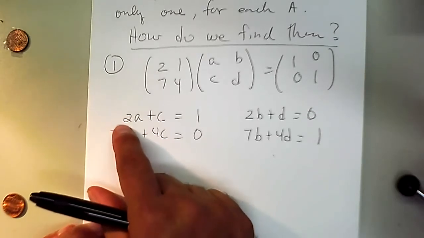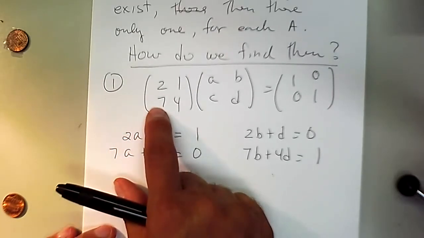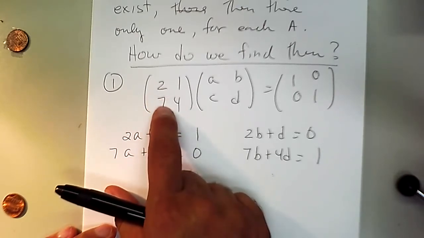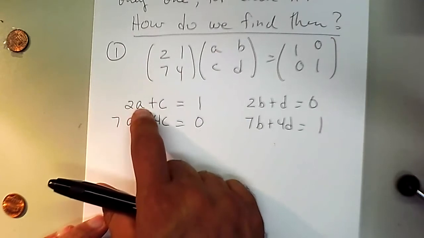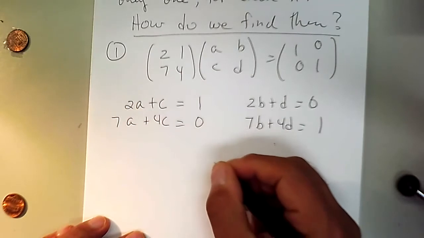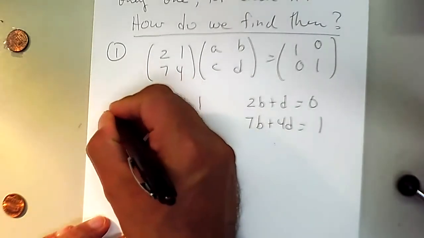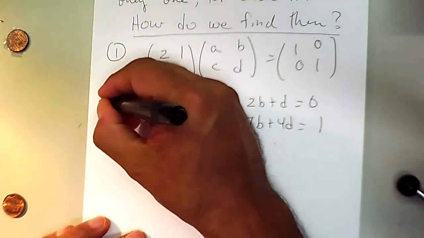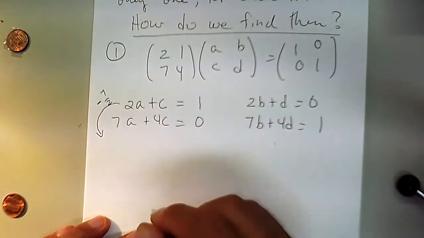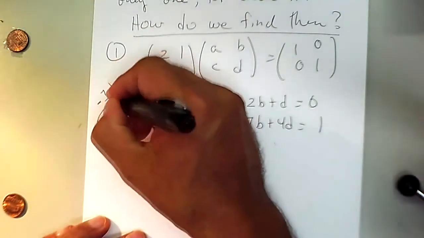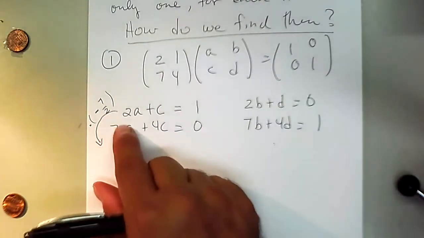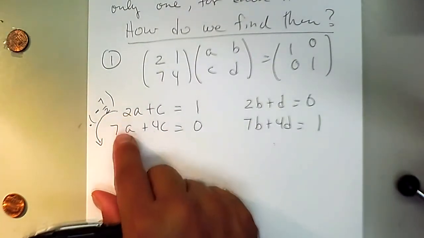One thing we've done before is the method of elimination, which we're going to do again here. We're going to eliminate the 7 using the 2. So we're going to multiply this first equation by -7/2, because that's going to create a -7 that will cancel with the 7.